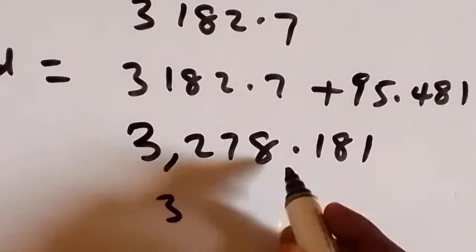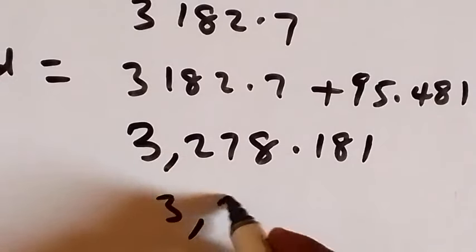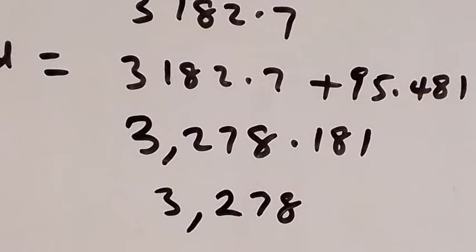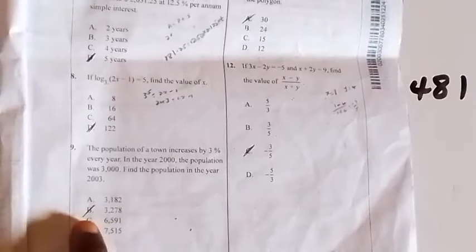To the nearest whole number, that's 3,278. When we check the options, we have option B as the correct option for this given problem.